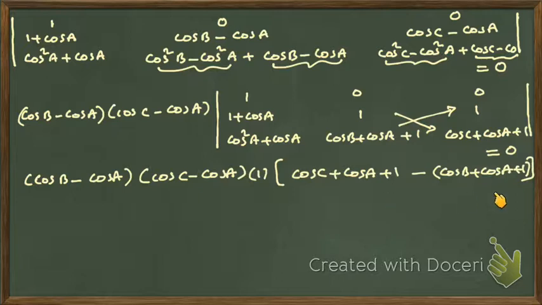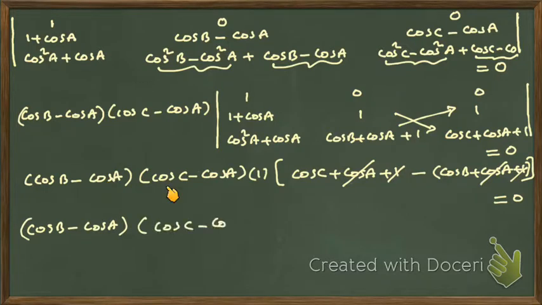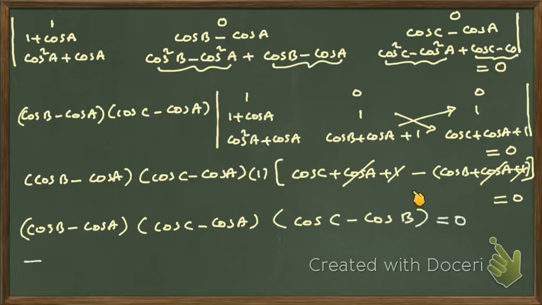Now I'll open the bracket and simplify. When I open the bracket, you can see that cos a and minus cos a will cancel. Plus 1 from here and minus 1 from there will cancel. So balance is, you have cos b minus cos a, here you have cos c minus cos a, and there you have cos c minus cos b, that's b actually. Cos c minus cos b is equal to 0.